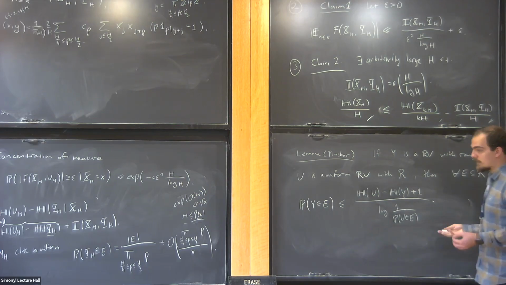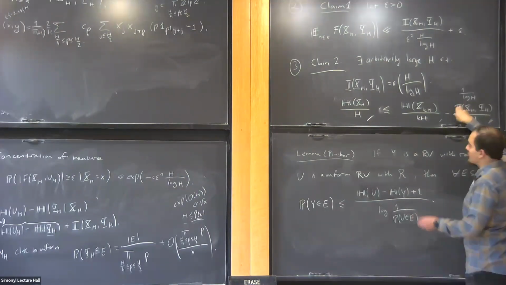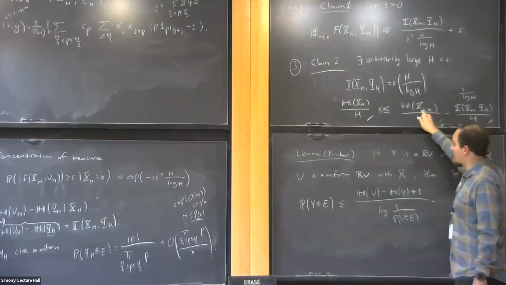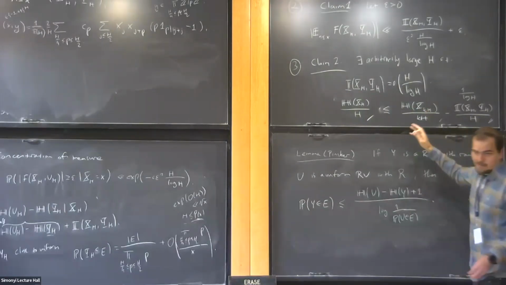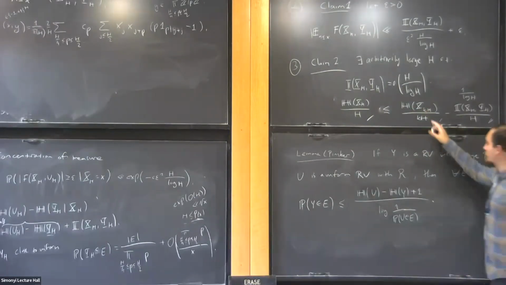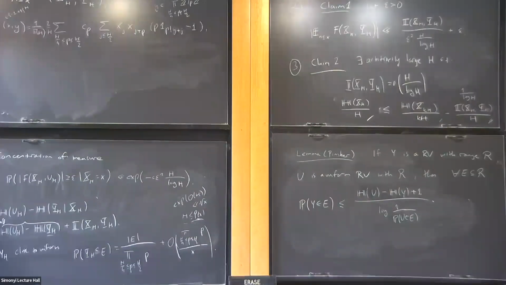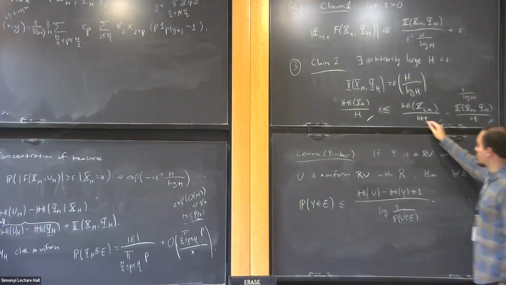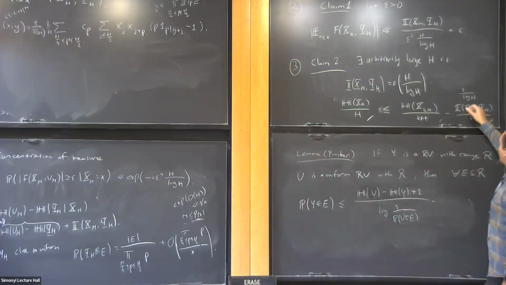You need to do a certain summation there, because it's not decreasing by a fixed amount, but rather by 1 over log H, essentially. But if you then sum this inequality over different values of H, and it telescopes. So if your next value of H is k times H, you get a telescopic sum. So these mean entropies cancel out, and you just get the bound on the sum of 1 over log H.